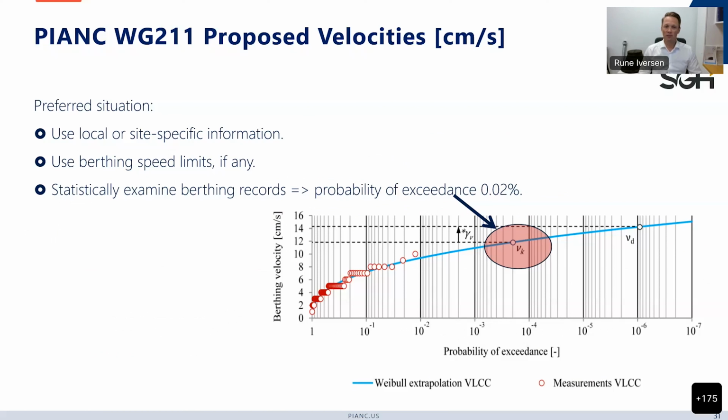You can use berthing speed limits, if any, in combination with that local data. If you're doing a local study, you have your local data. The 1 in 5,000 event that I mentioned, so a velocity that has a probability of exceedance of 0.02%, should be your design berthing velocity to be consistent with the curves that have been published by PIANC.